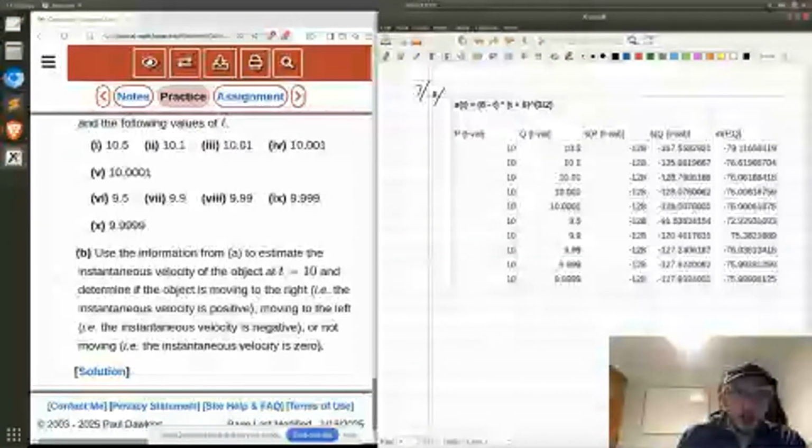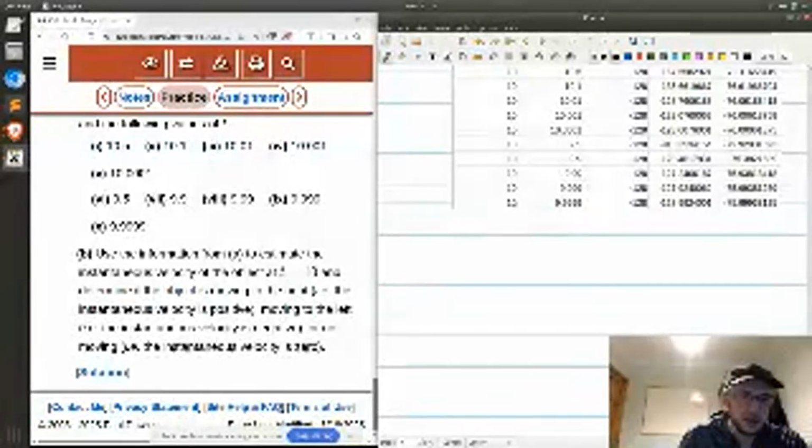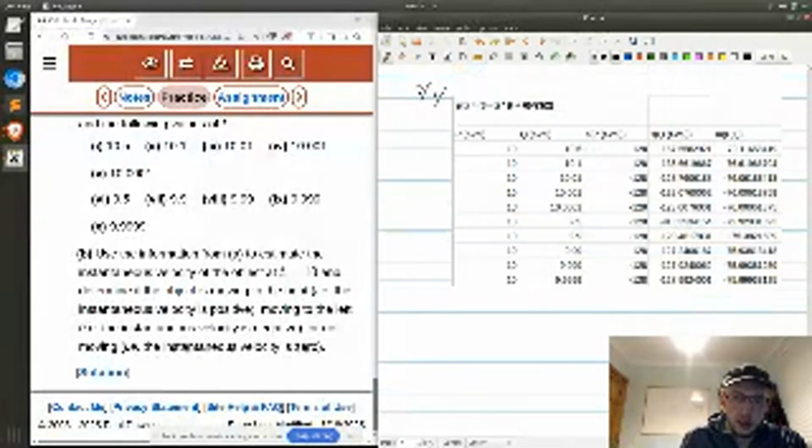Use the information from part A to estimate the instantaneous velocity and determine if the object is moving to the right or moving to the left or not moving at all.